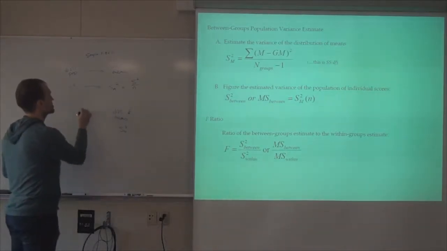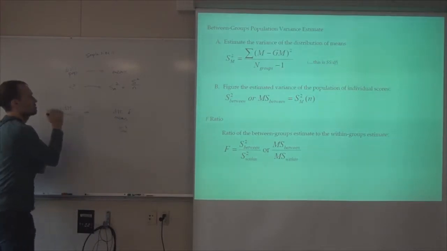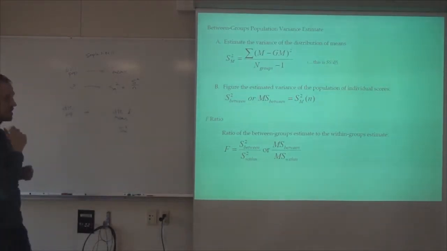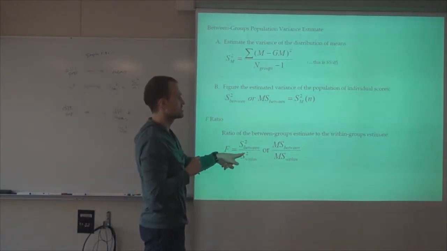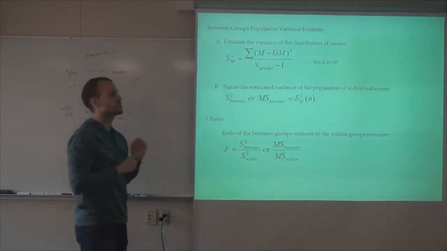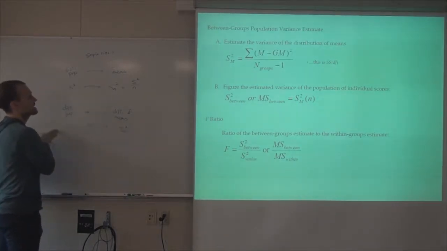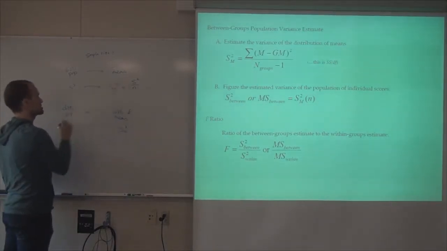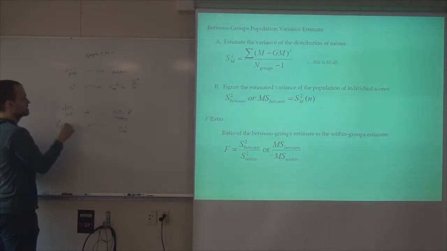So now I have to go the other direction to my population, because I'm trying to estimate the population variance, and the variance within is a population variance estimate. So I need both of them to refer to the population. So how do I go from this back here? Well, if I just shuffle these things around, the population variance estimate is going to be n times the variance of the mean.